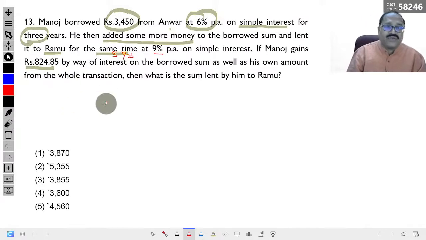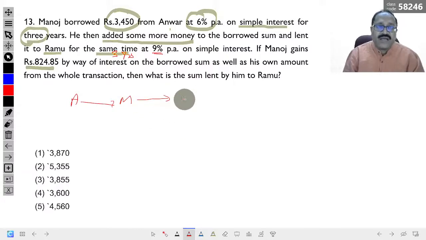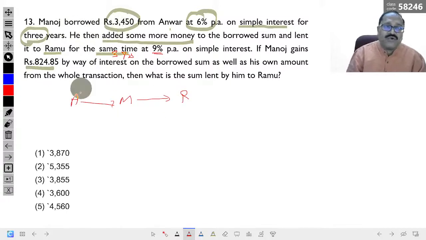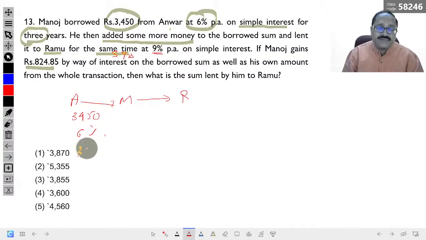So the story goes in this way. There is a person called Anwar. Manoj borrowed money from Anwar, and he adds some money and lent it to Ramu. How much money did Manoj borrow? That is 3,450 rupees borrowed from Anwar at the rate of 6% per annum for 3 years.